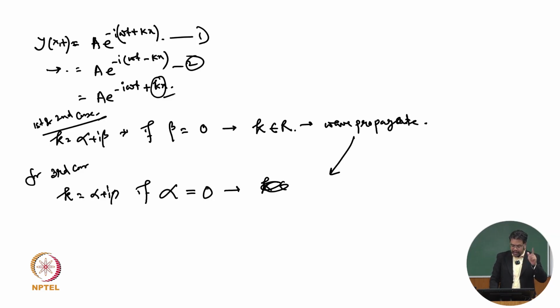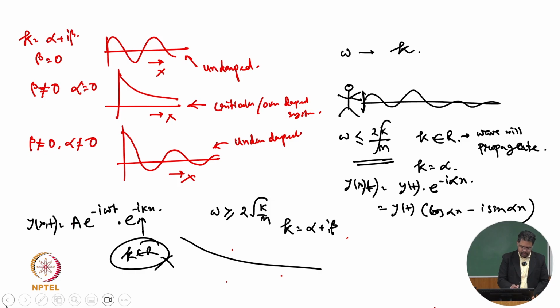Yes. Now another important point we have seen in the last case: beta not equal to 0 can be decay and can be growth.